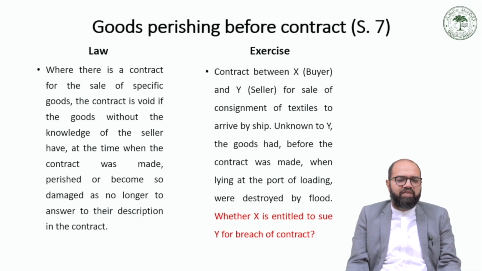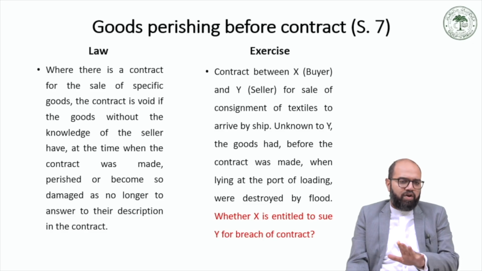Now the question is whether X, who is the buyer, is entitled to sue Y for the breach of the contract. So a contract was already in place, but before the contract could be performed, without the knowledge of the seller, the goods had perished or been destroyed.